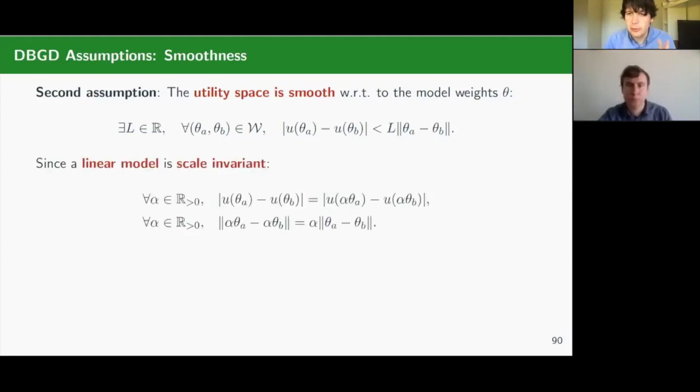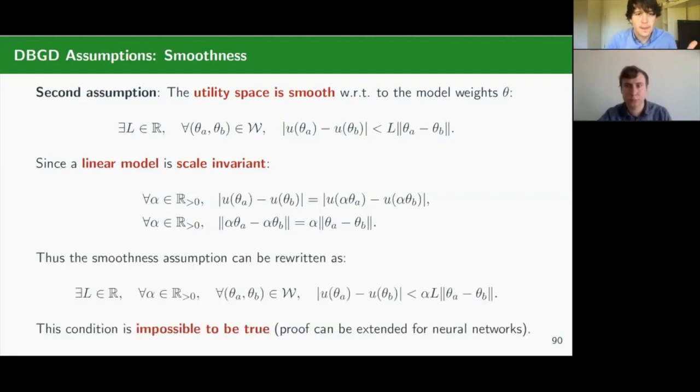It's very easy to prove that this is never the case if you use this idea of scale invariance. What you see here is we can rewrite these assumptions by playing with scale invariance, and we can show that we have a setting here which is never true. For every positive constant, this has to be true, but you can pick this one to be infinitely small.